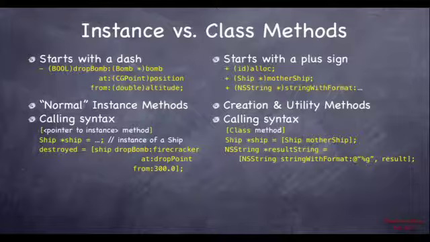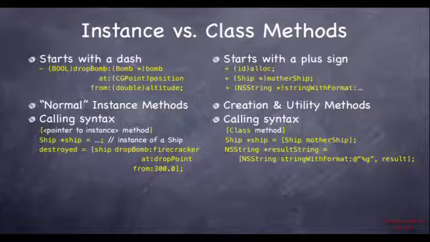Whereas in a class method, after the square bracket, we put a class. Now, there are two ways to specify that class, and I'm going to talk about both. The simplest way is just to put the name of the class. So here I have two class methods. Ship mothership probably gets the one and only mothership and returns it.